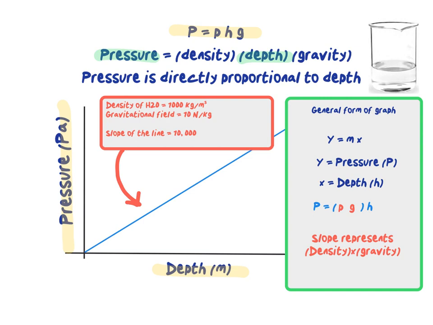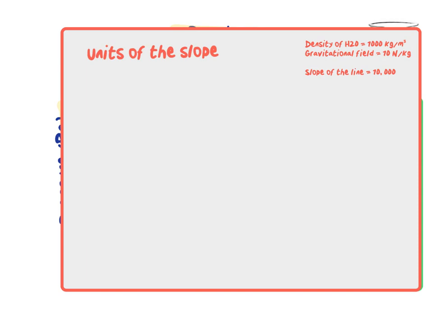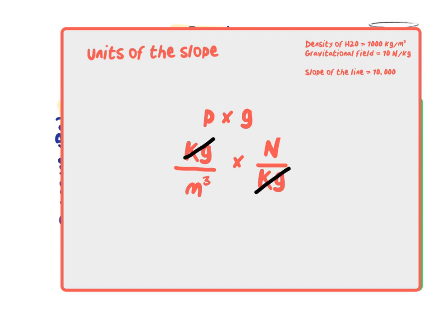If we analyze the units of the slope, which is the density times the gravitational field, that would be kilograms per meter cubed times newtons per kilogram. The kilograms would cancel, and I'd be left with newtons per meter cubed.